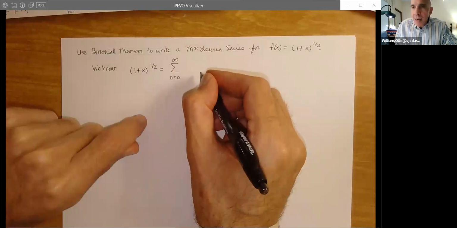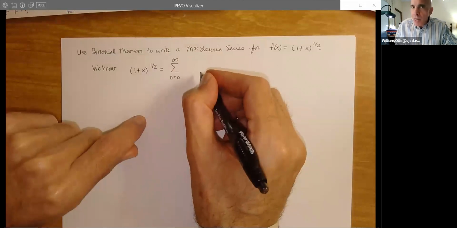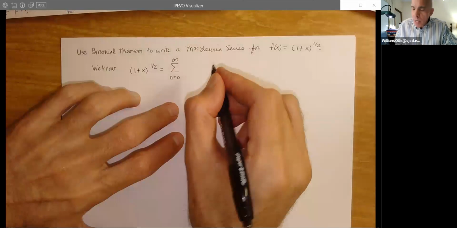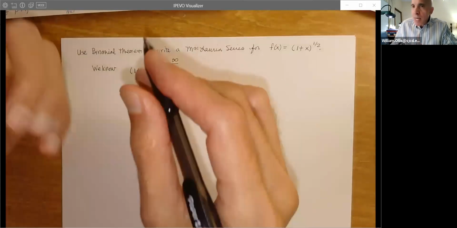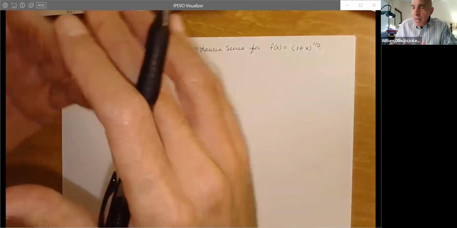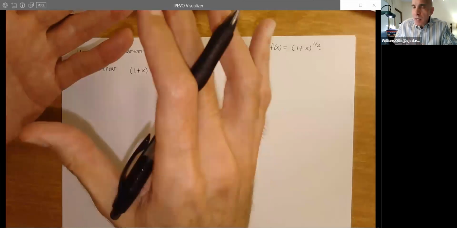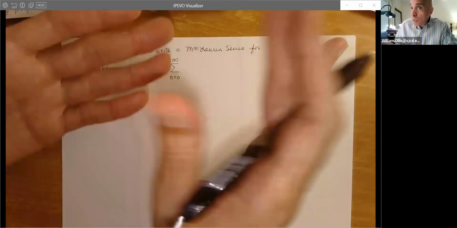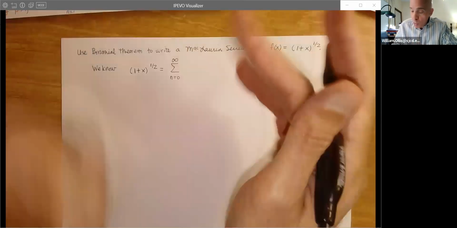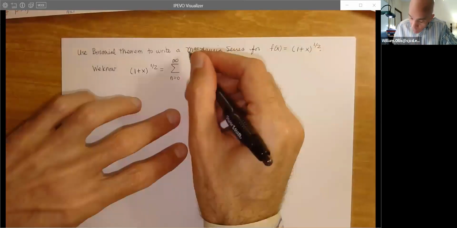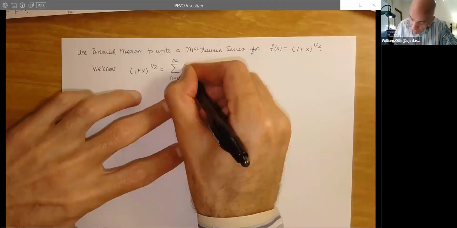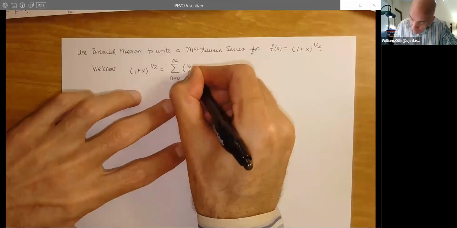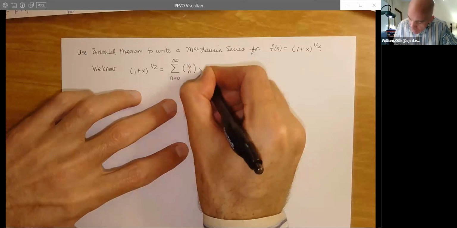So WebAssign really does, Dr. Larson has a really ingenious way of taking this theory into the level that Calculus 2 students can understand, where you actually promote some good learning. And some of you in computer science will take more combinatorics than deal with the binomials. So this will be 1/2 choose n, x to the n.